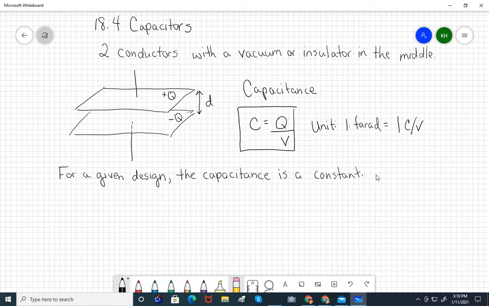Okay, so what characteristics determine the capacitance? Generally speaking, it depends on the area of the plates and how close the plates are together.